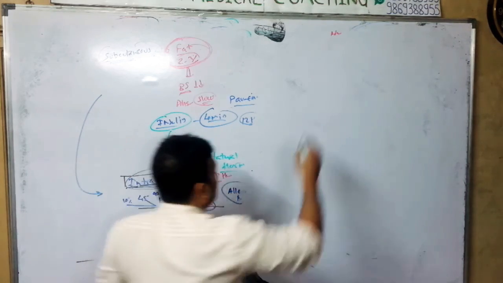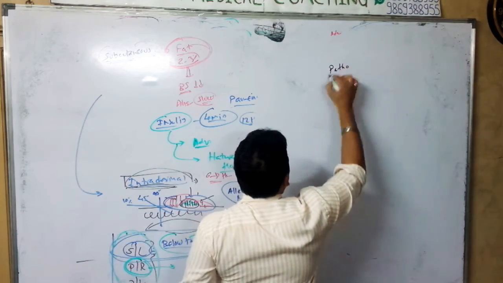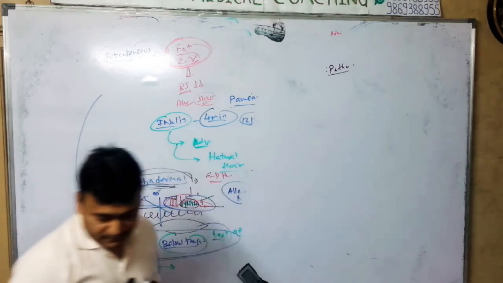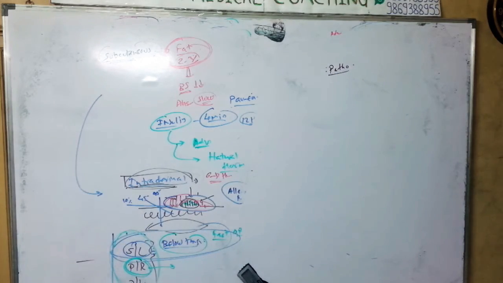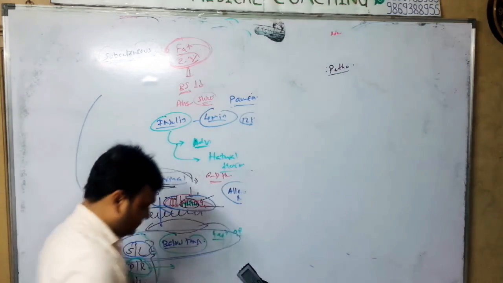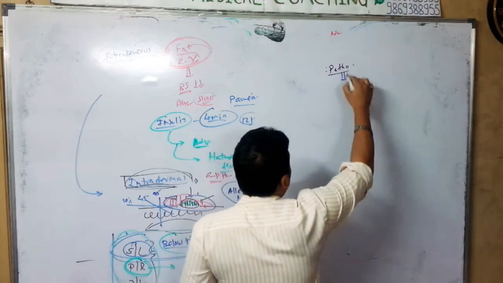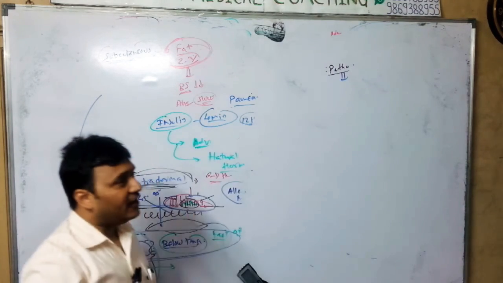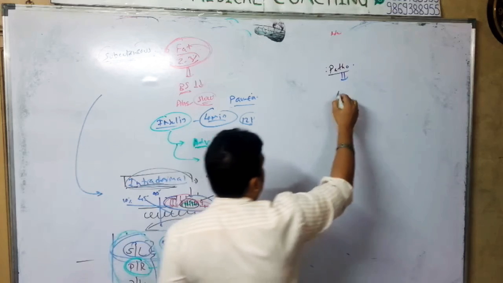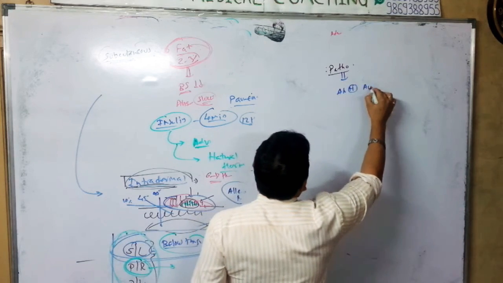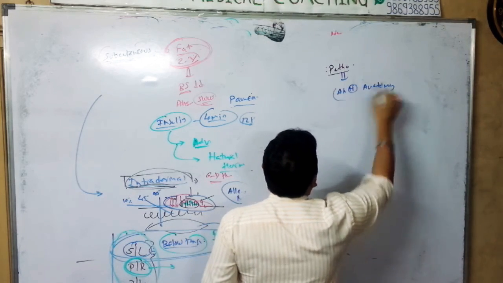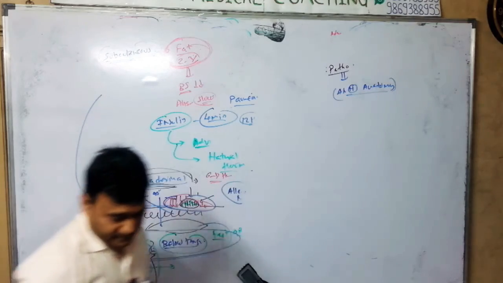So let me make you understand what we're going to learn in pathology. Because what do you mean by pathology? Pathology is all related to abnormal anatomy. Remember that pathology is abnormal anatomy.